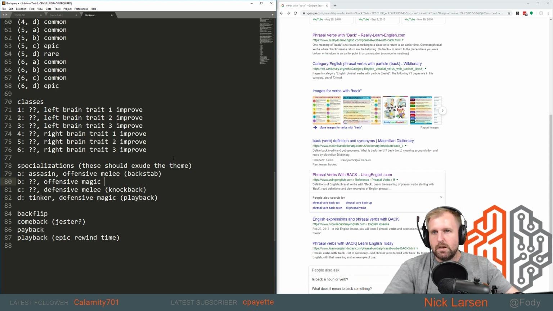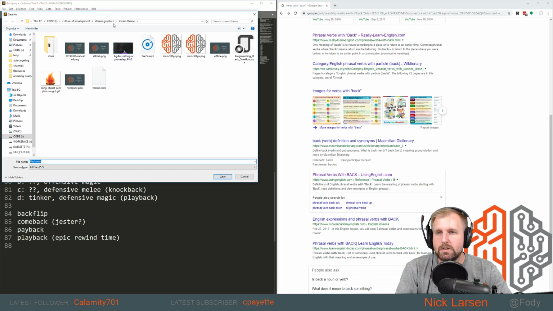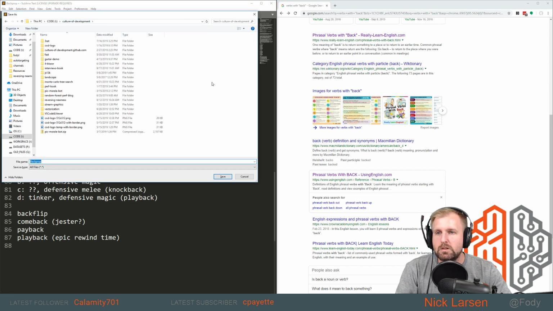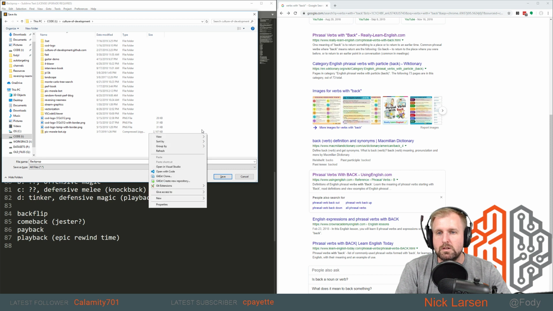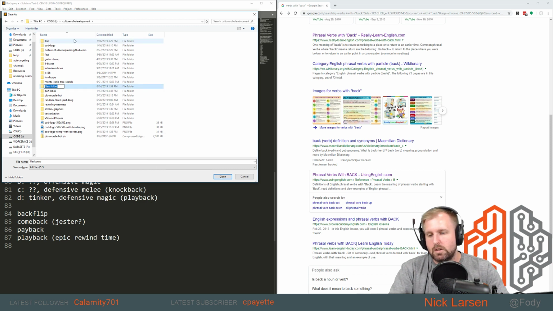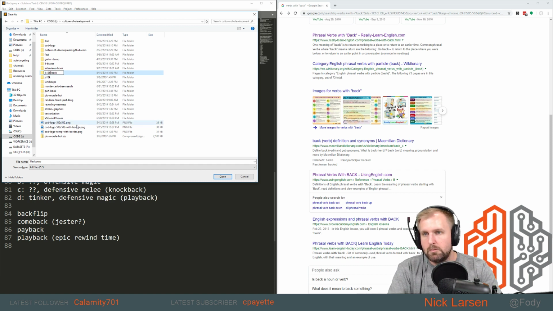All right, I'm gonna save this. Where am I gonna save this? Culture of development, and we're going to call this JS13K. We're going to call this new folder JS13K back.